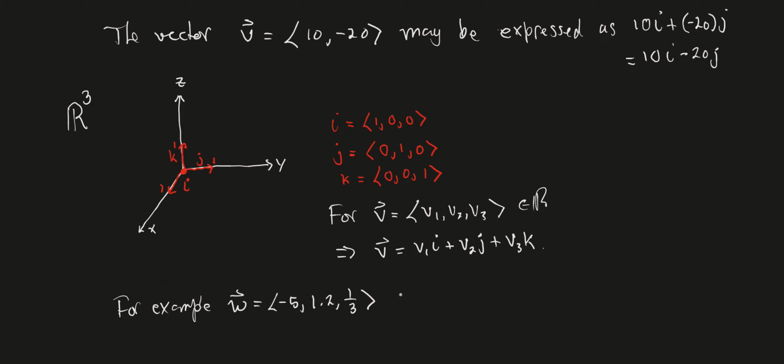So this vector can be written as -5i plus 1.2j plus 1/3 k. So with this concept of a unit vector, which is a vector that has magnitude 1, we can define these new standard unit vectors, and we have alternative ways of writing the vector.